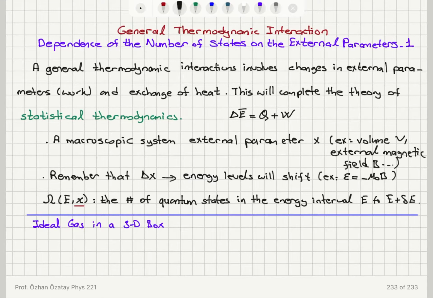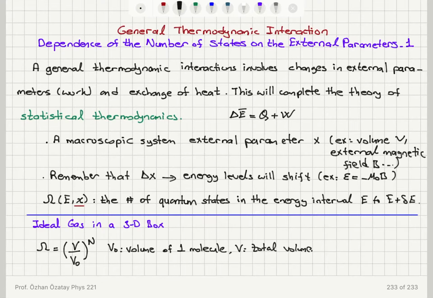So for this system, we have used arguments based on the volume of one molecule and the number of different ways we can put the molecules inside this box to find that the number of accessible states can be written as the total volume divided by the volume occupied by one molecule to the power N, where V0 was the volume of one molecule and V was the total volume.